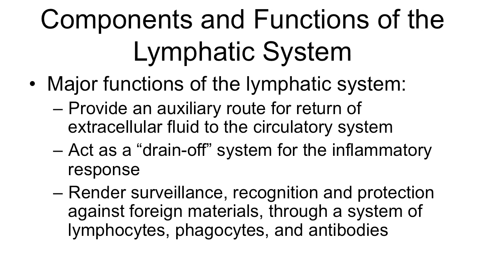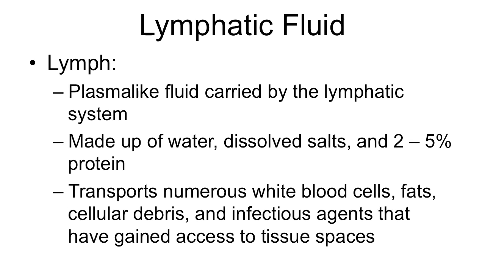So they include lymphocytes, phagocytes, and antibodies produced by lymphocytes. So the lymph is going to be part of this lymphatic fluid. It is a fluid that is carried by the lymphatic system, the second circulatory system in our body, composed of proteins and many different salts diluted in an aqueous solution.